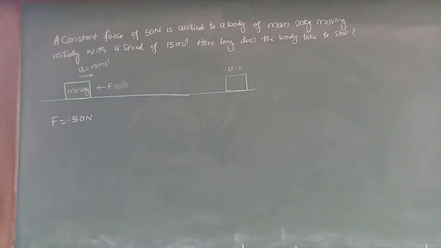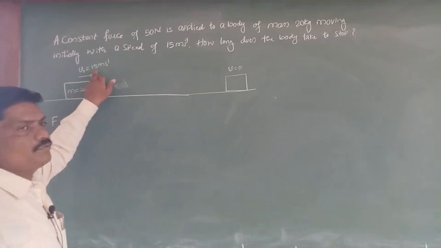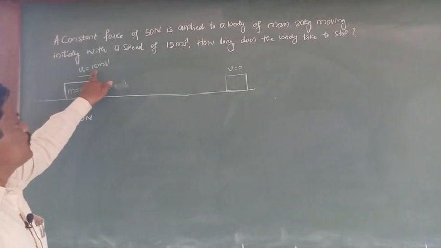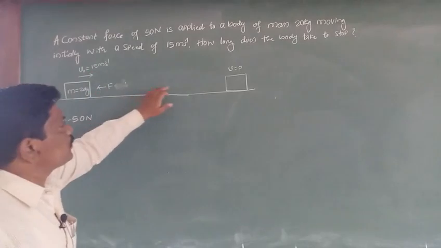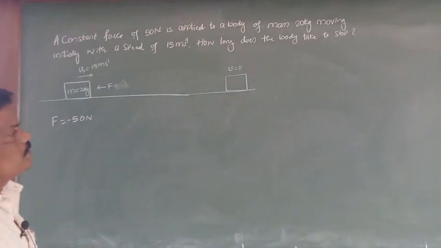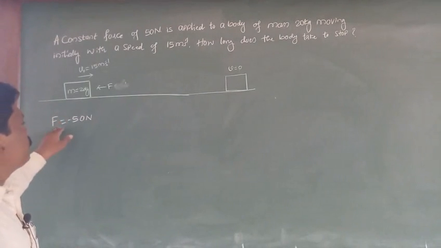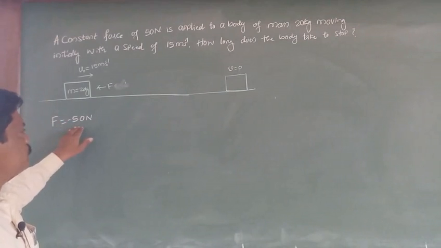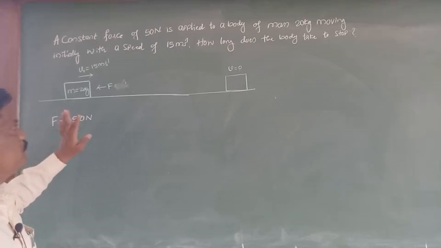That we can write as minus 50 Newton, because here the body is not accelerated under the action of the force. The body is retarding, means its speed is reducing, and finally it will come to rest. So the force is an opposing force, so you can take it as minus 50 Newton.